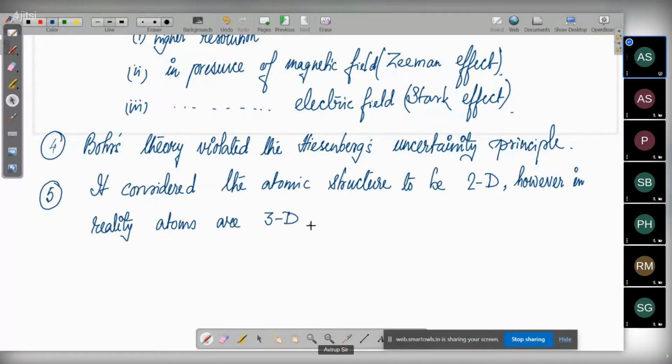So the structure of an atom is actually a three-dimensional thing and not a two-dimensional model that was given by Bohr. Okay. So is it clear to everyone?